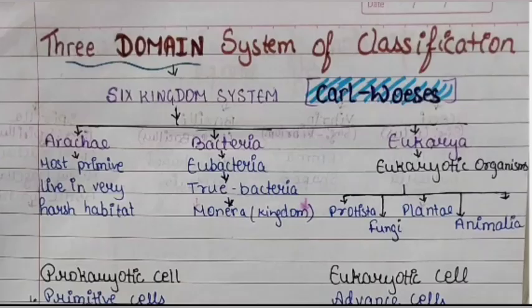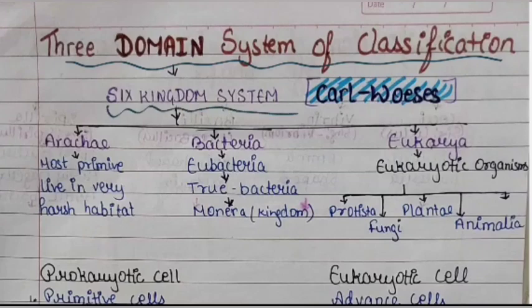Now coming to the three domain system of classification, which was given by Carl Woese. This classification system includes three domains. The first one is Archaea, which includes the most primitive life in very harsh habitats.